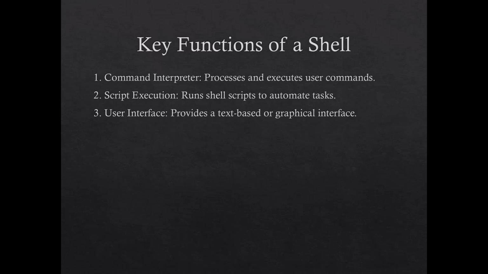First is the command interpreter, which processes and executes user commands. Next is script execution, which runs shell scripts to automate tasks. And third is the user interface, which provides a text-based or graphical interface for the user.